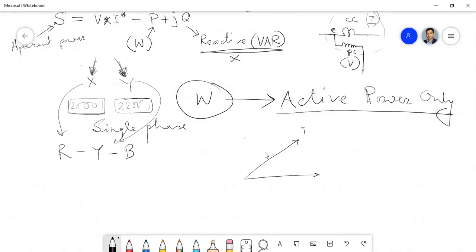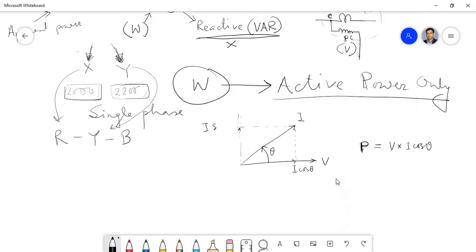Did you not study these? Your part has all of these. So this is the angle theta or phi, whatever you can say. If I take the projection of I on V and multiply, this is I cos theta, and this power, the real part of the apparent power, which is called the active power, equals VI cos theta.